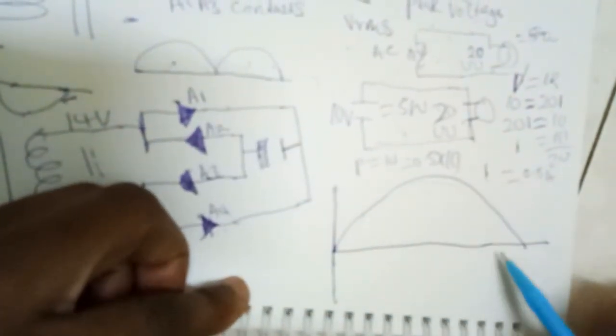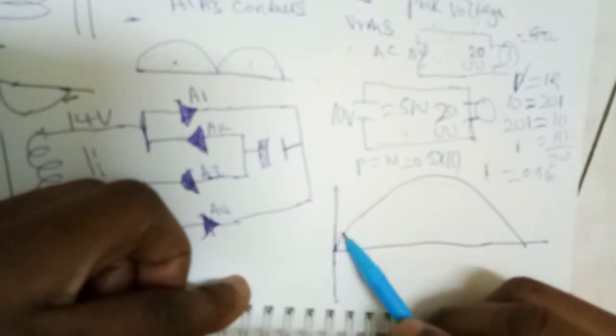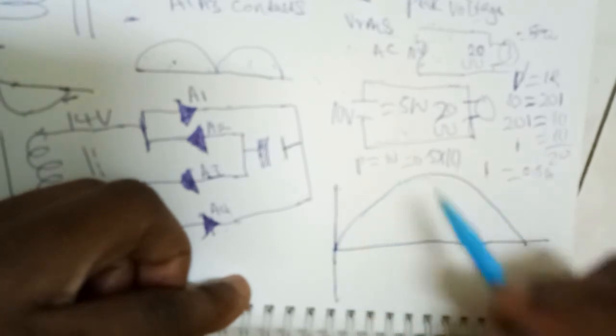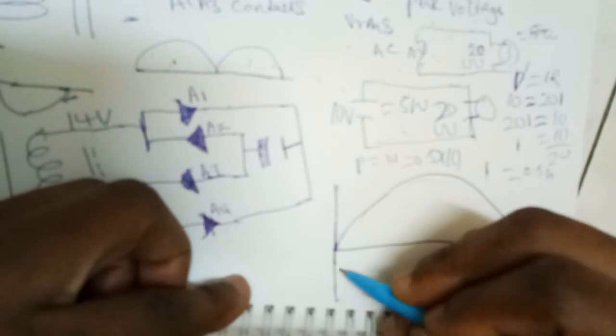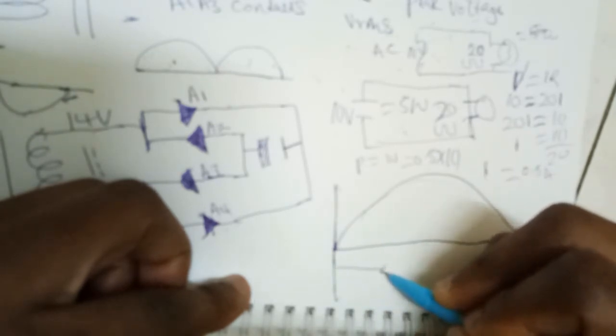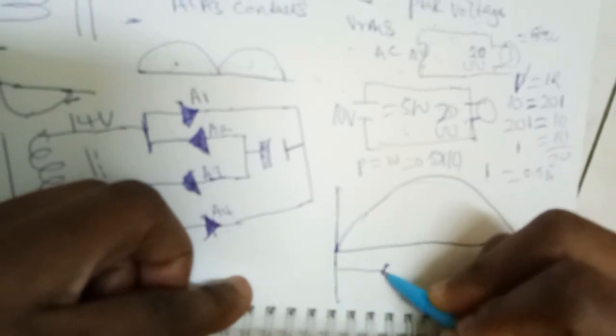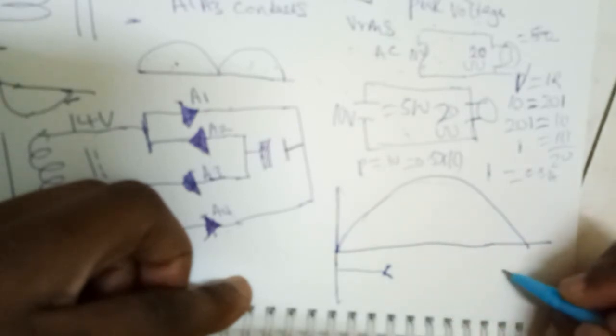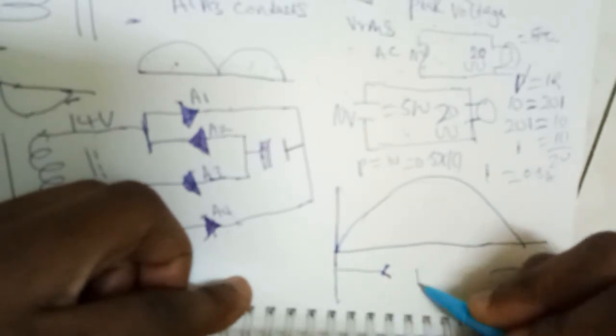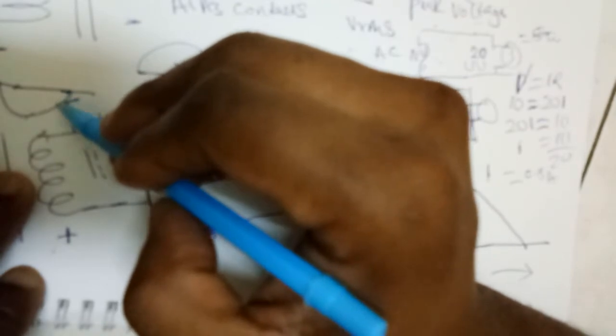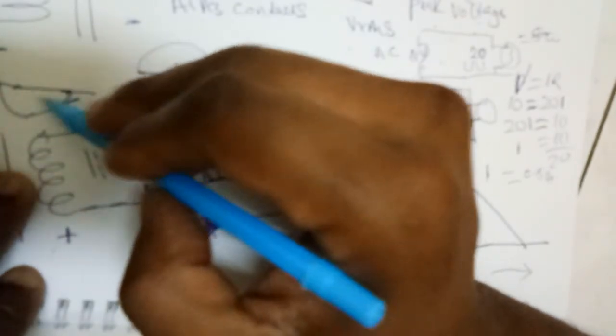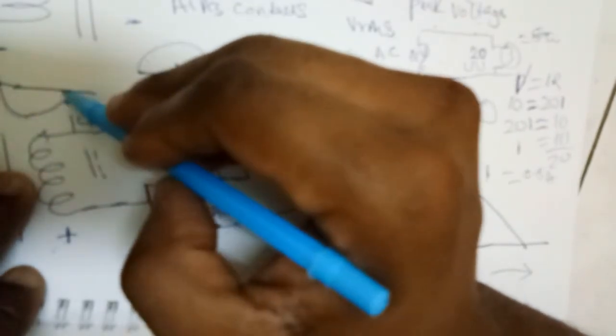It has positive and negative waves. Let's take the positive part. This is the half cycle, which is 180, because half a circle is 180. The circle that AC voltage goes through is a full circle. This half and this half is equal to a circle, so it's 180.